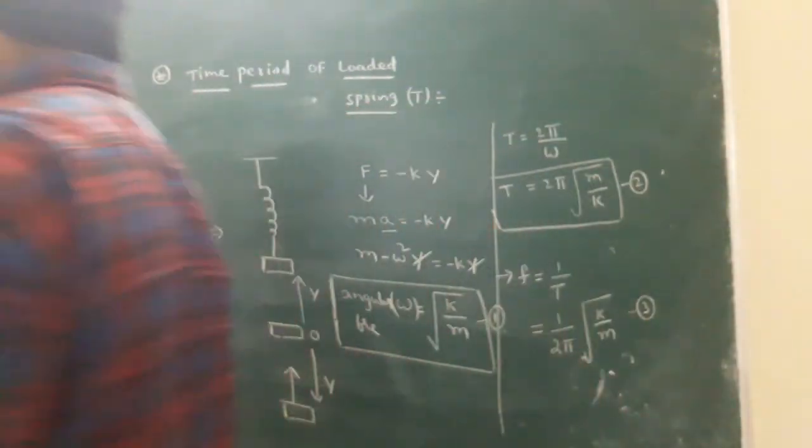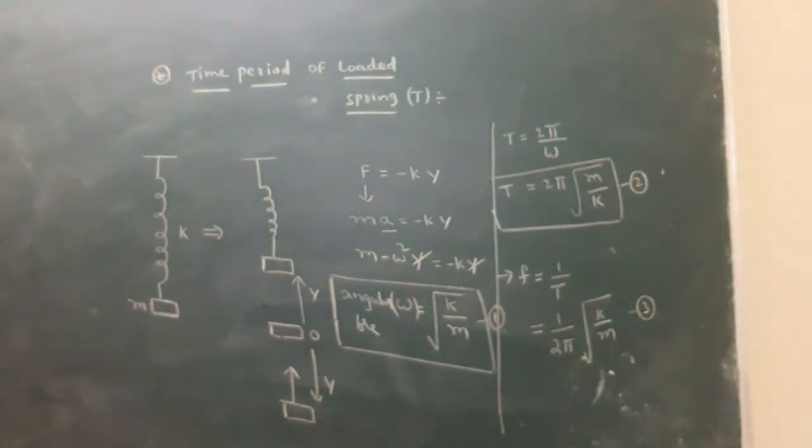What is the time period of the loaded spring? 2 pi under root M by K. What is the frequency of the loaded spring? 1 by 2 pi under root K by M.